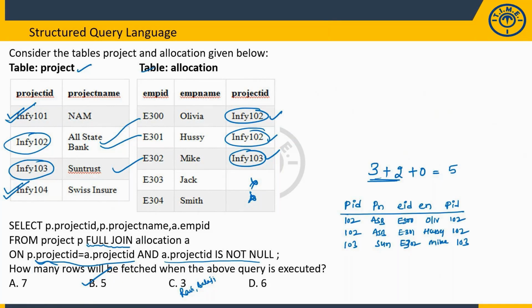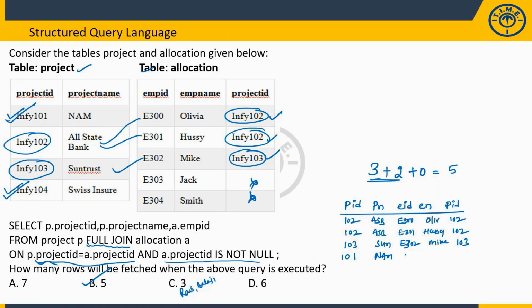Because full join means both non-matching in the left side and non-matching in the right side should be in the output. But Infi 101 does not have a matching with the allocation table. Infi 101, this is NAM, does not have a match.